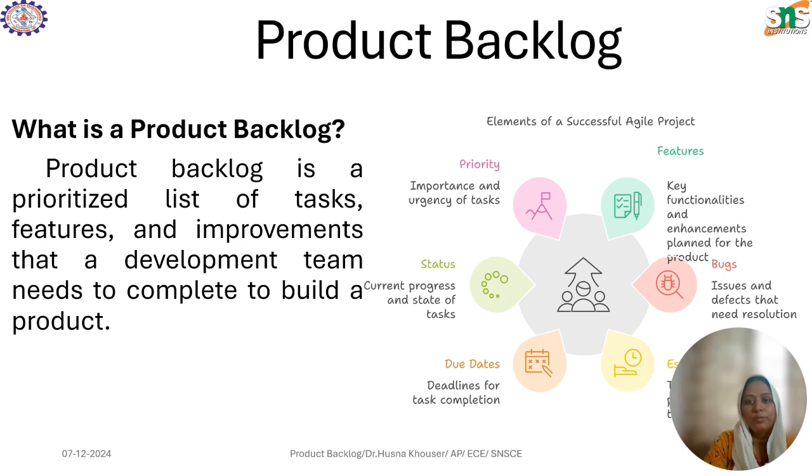Think of it as a roadmap, like we already discussed in the last lecture, for a product to be a success. This is a single source where all team members and stakeholders can check what is happening in the project. So managing it is critical for a successful agile project. The product backlog must be transparent to the entire development team, otherwise it is very difficult to fix all the backlog items.